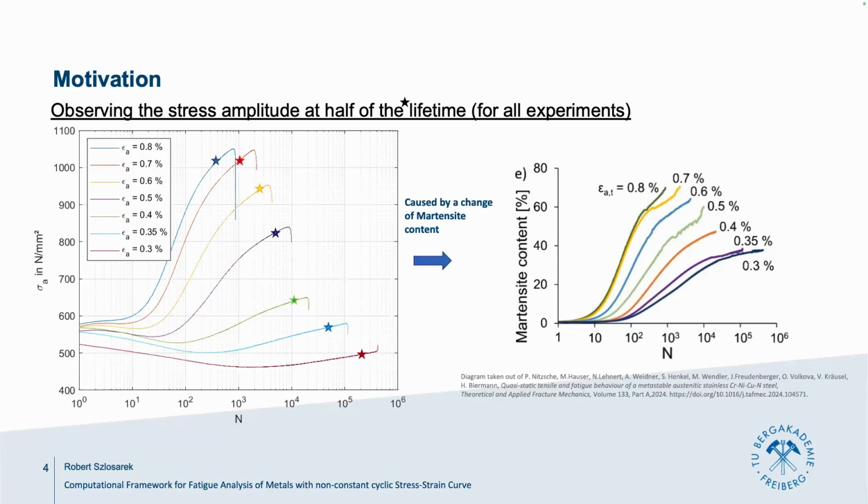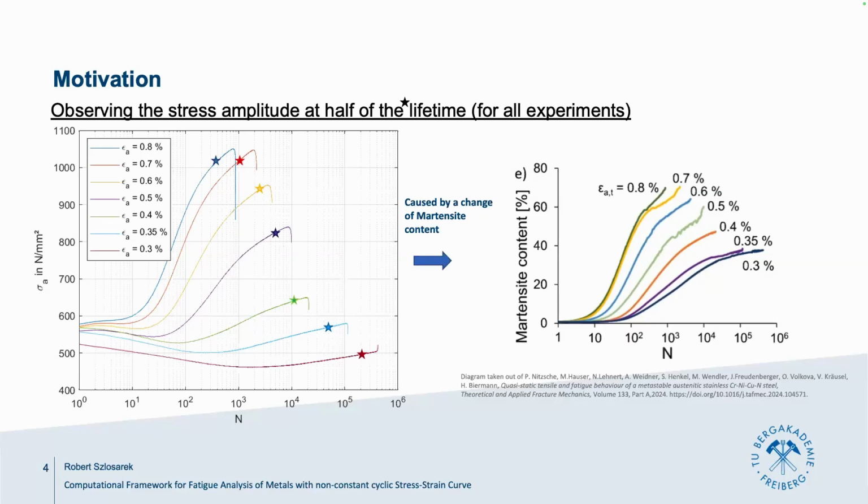They told me the reason for this is a change in the martensite content, which I present here in a diagram taken from this publication, but this is not really my field. I can live with the effect that it exists.